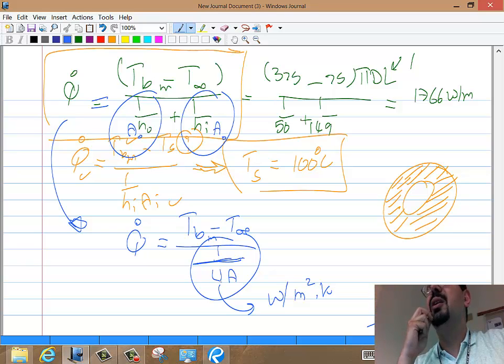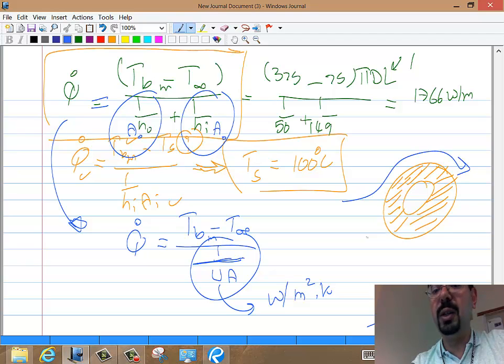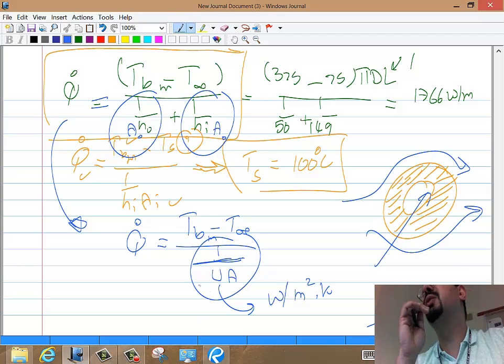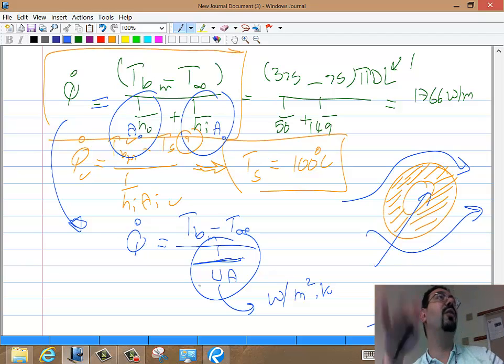All right? So for this pipe, transferring heat from one flow to the other, the whole thing can be described by that overall heat transfer coefficient. And so that number is all you need to know. If someone gives you that number, that's really convenient because you don't have to calculate the convection from the inside or the convection on the outside.